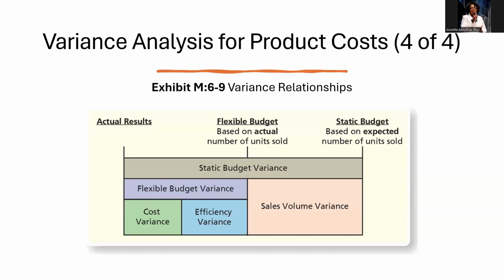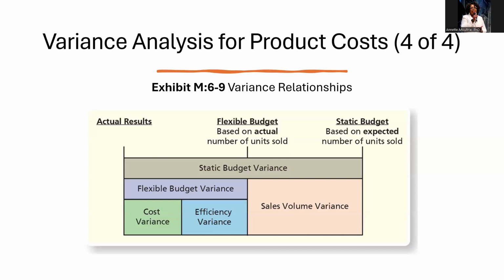Here in Exhibit 9, it illustrates the relationship between variances. It breaks down total flexible budget variances for materials and labor into the cost and efficiency variances. So looking at this Exhibit 9, the key takeaway from it is that, 1, cost and efficiency variances together make up the flexible budget variance.